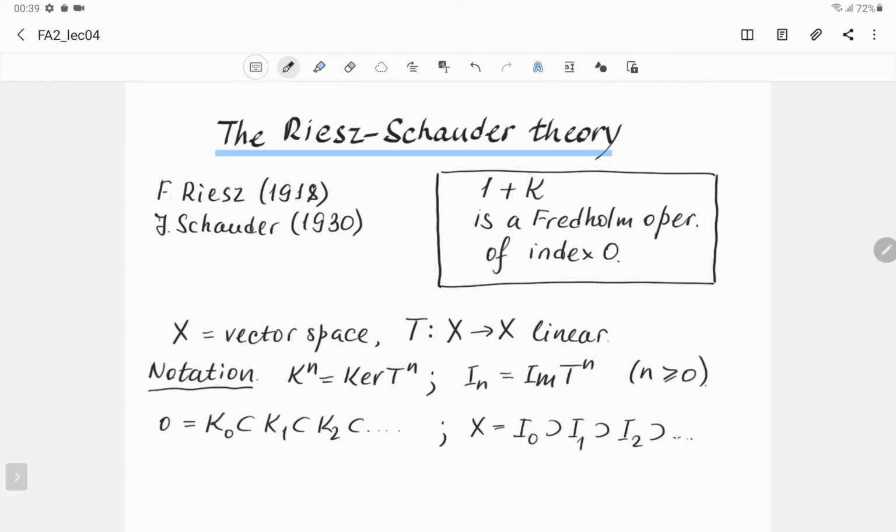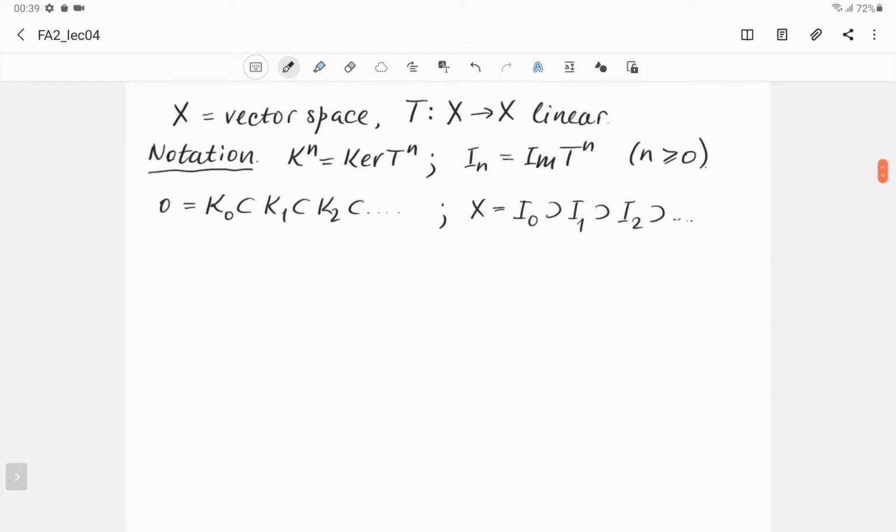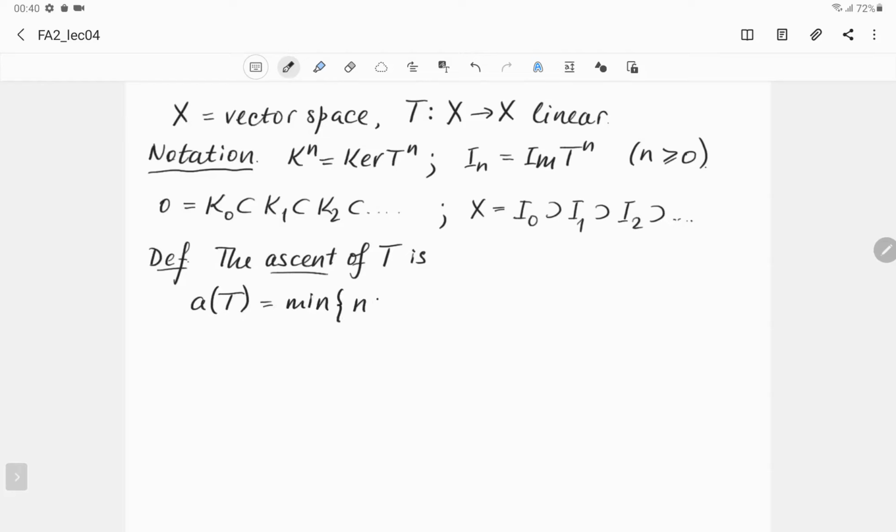It can happen that one of them stabilizes, and there is a special terminology for that. So we give the following definition. We define the ascent of T as follows. This is the minimum number n such that K_n equals K_(n+i) for each non-negative integer i.